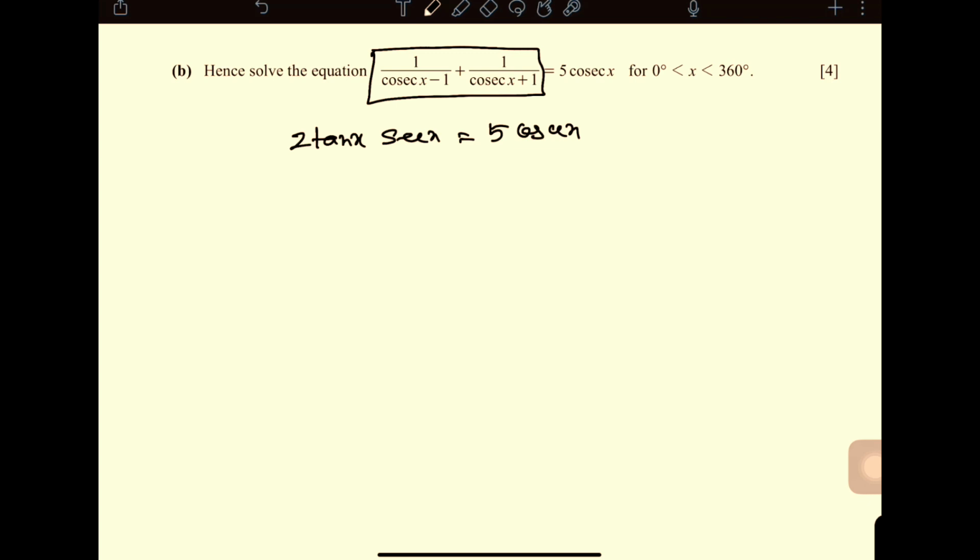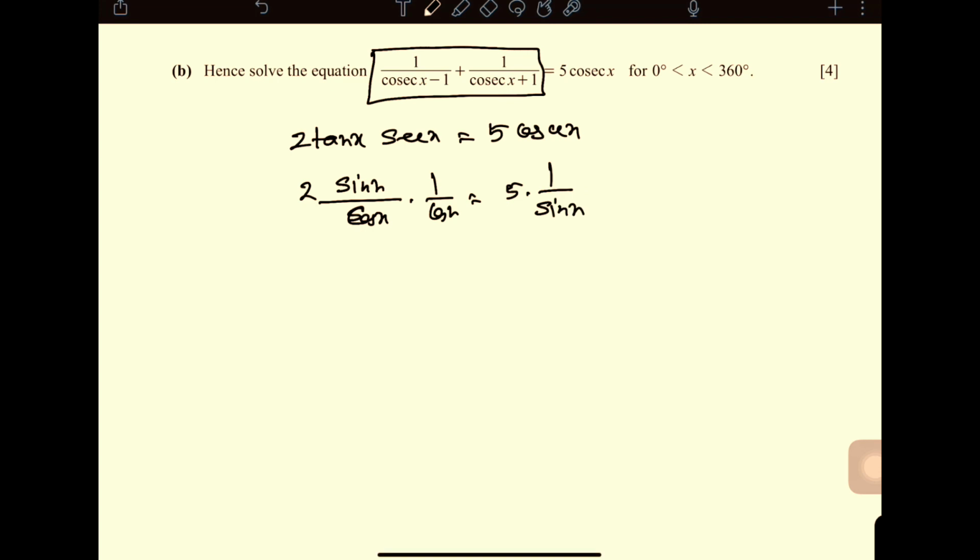Now we can simplify: 2 sin x by cos x into 1 by cos x equals 5 into 1 by sin x.